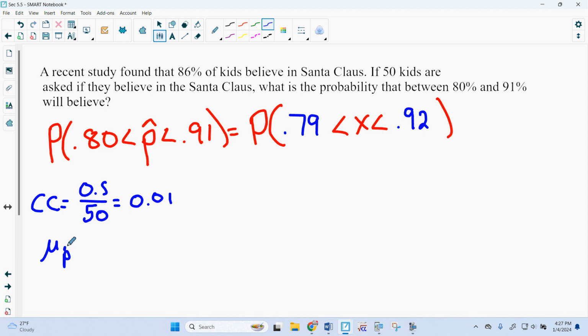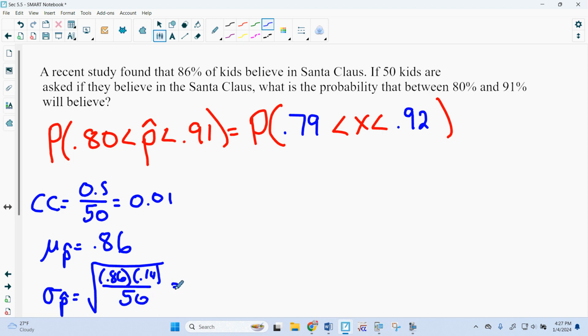My mean p hat is 0.86. My standard deviation of p hat is the square root of 0.86 times 0.14 over 50. We should get that, 0.0491.